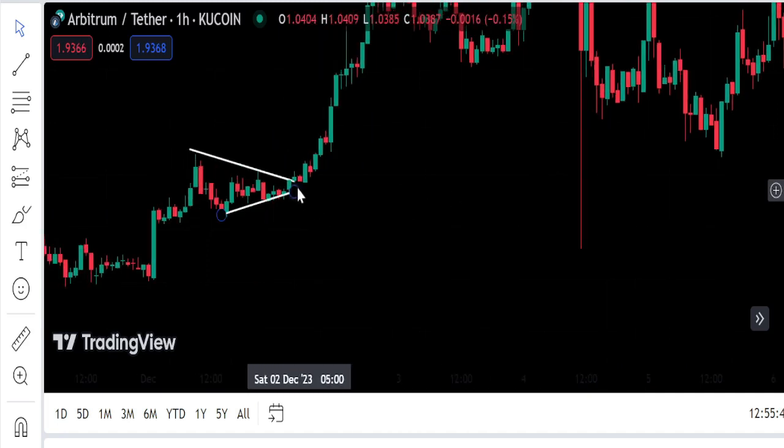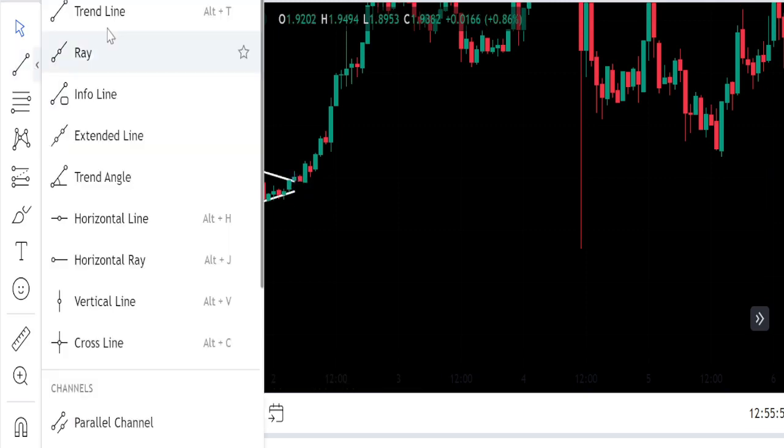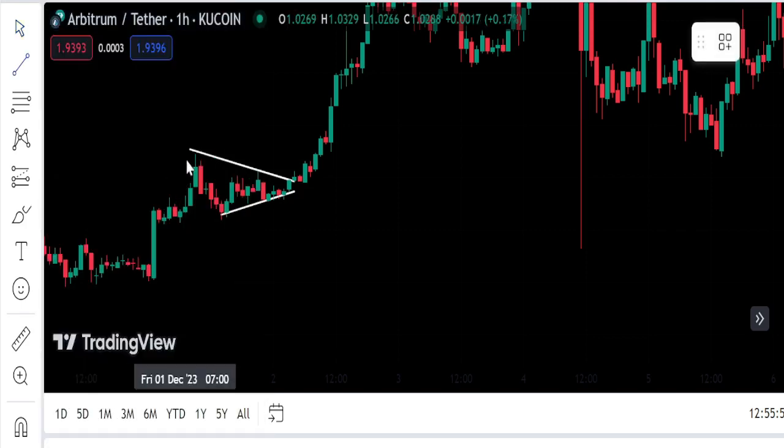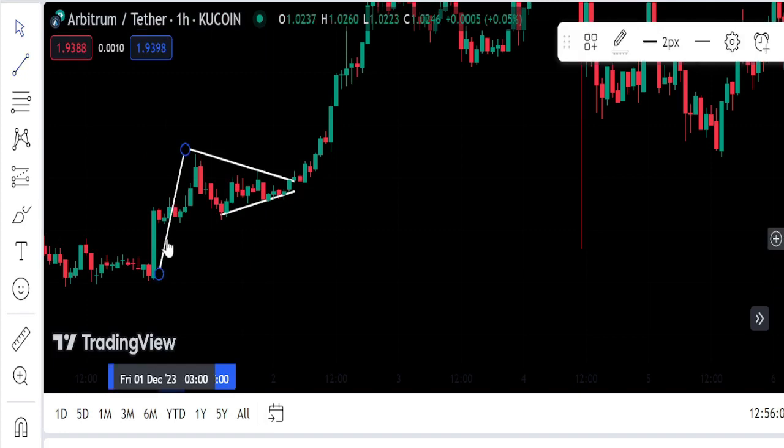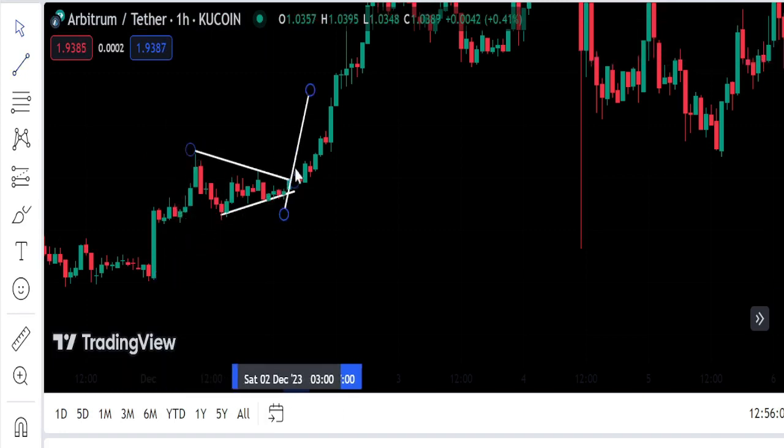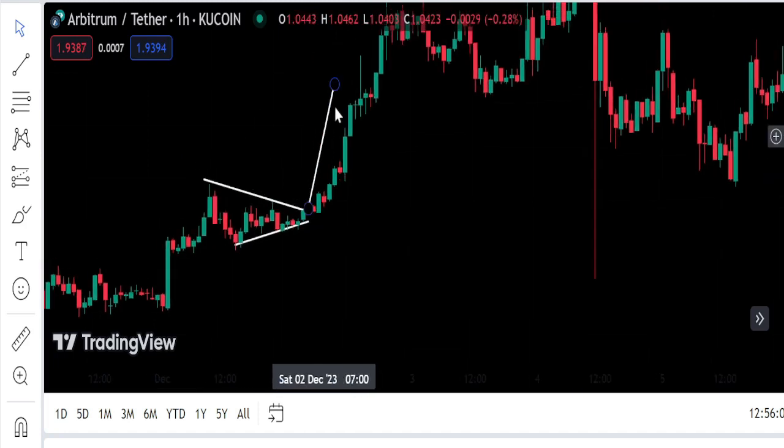So here we can enter the trade on the breakout or on the retest, and our price target again will be this distance from the highest point of the wedge to this price movement here. So if we project this price, it will give us this target up here.